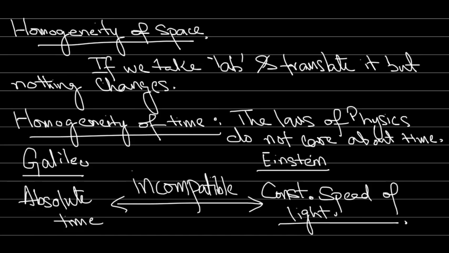And what do I mean by this is that let's take the Newtonian case. In the Newtonian case, we consider the sum of F is equal to, this is Newton's second law, ma, right?